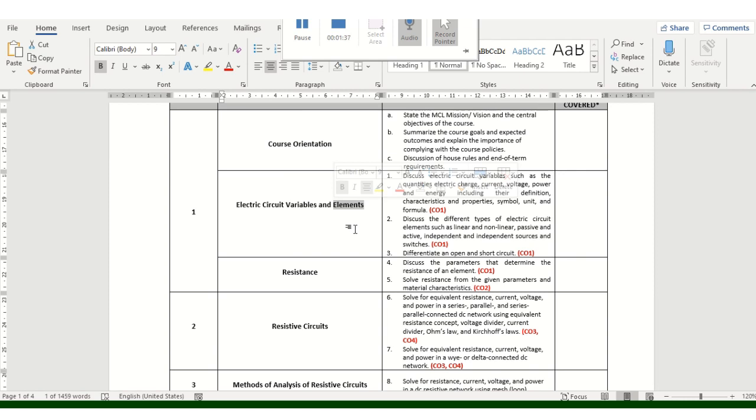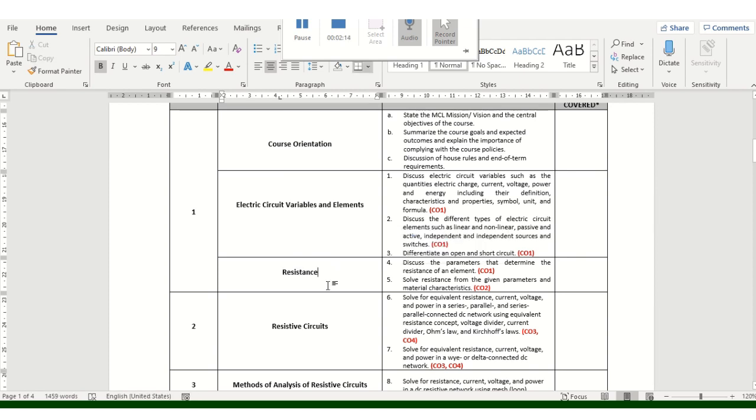We will define variables such as voltage and current, what we mean by volt, what we mean by ampere, and so on and so forth. And then on the same week, we'll also cover resistance: what makes a resistance, how to measure resistance, and what are the factors that affect the resistance of a material.